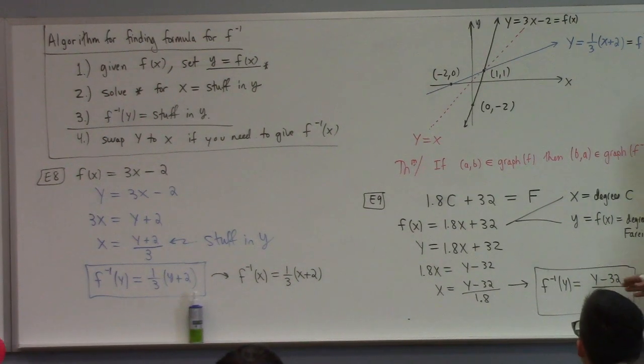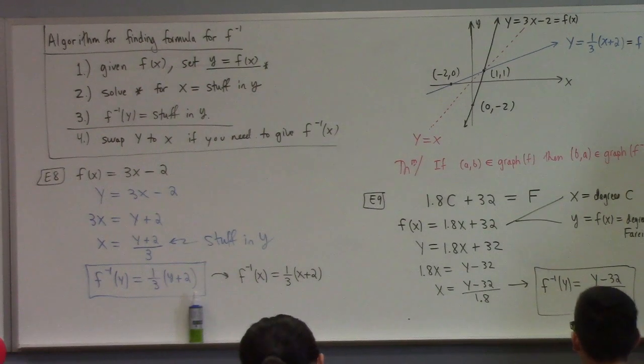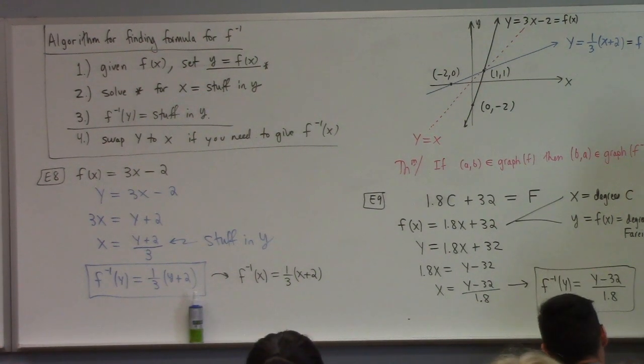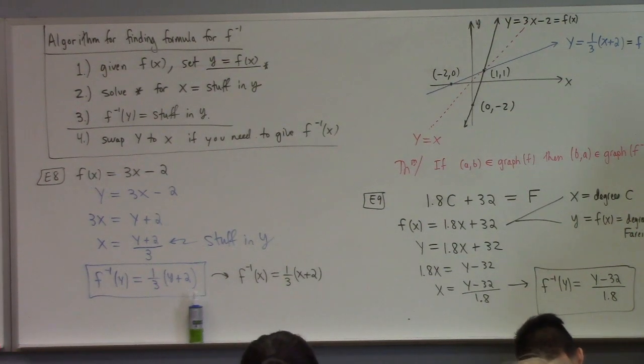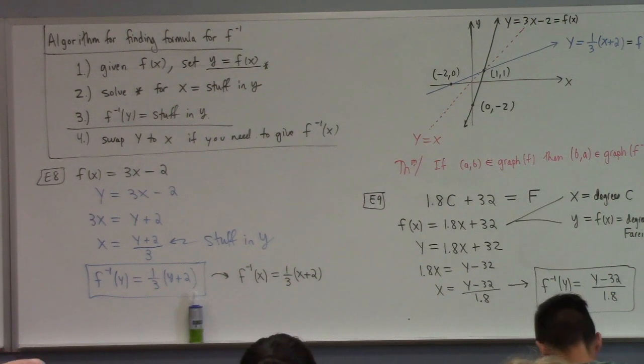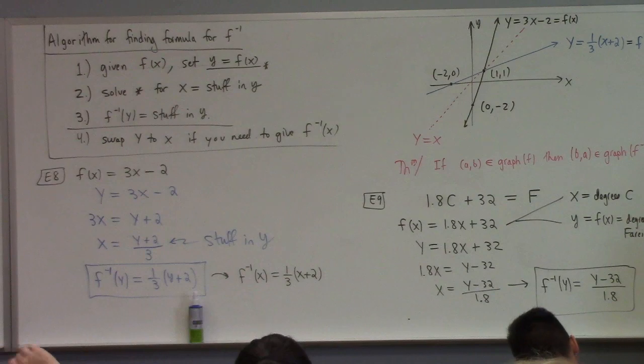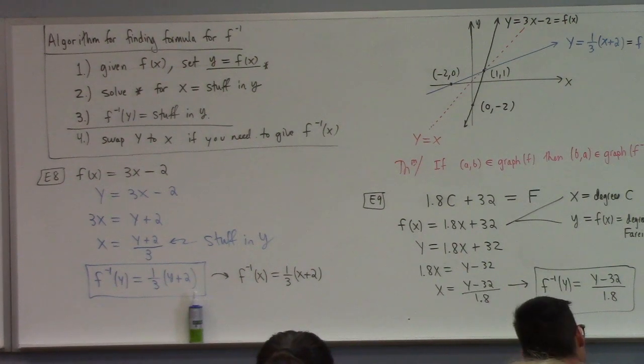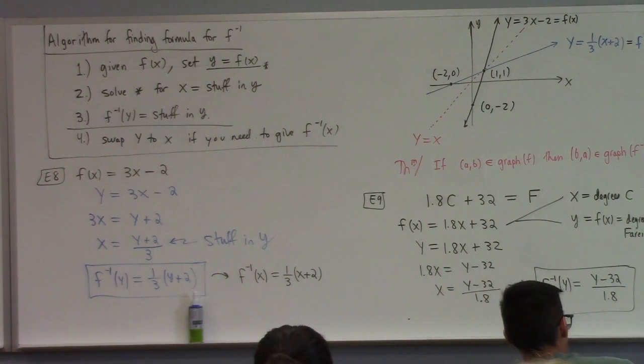So if we set (x minus 32) over 1.8 equal to 1.8x plus 32, and you solve this equation, you'll get x equals minus 40. So minus 40 degrees Fahrenheit is actually equal to minus 40 degrees Celsius. That's where the two temperature scales match up.